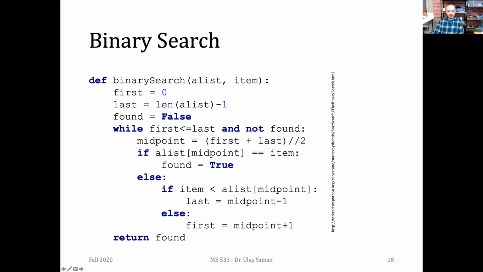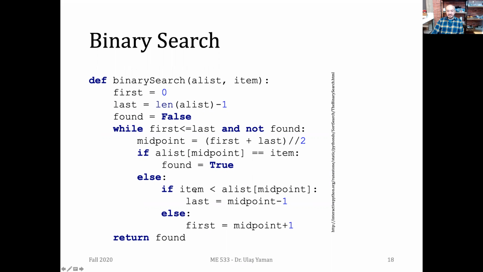So the output of this part is 25. Is 25 equal to item? If it's right, then you will say that it's true, and you don't need to do any other computation, and you can simply return that the value is inside the list, and you may further return the index of that item. But if it's not equal to that middle value, then what do we do?